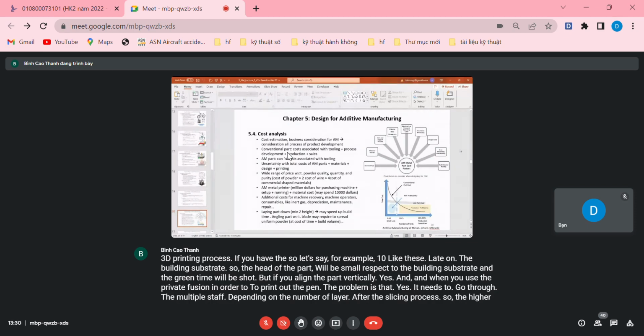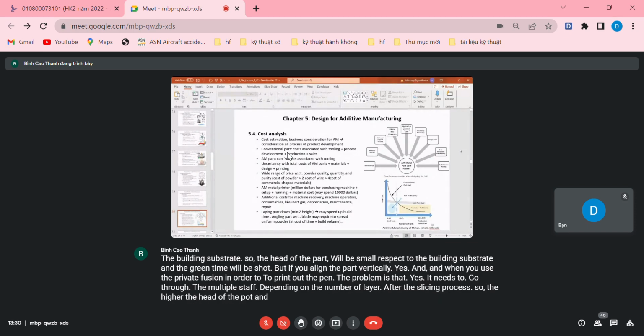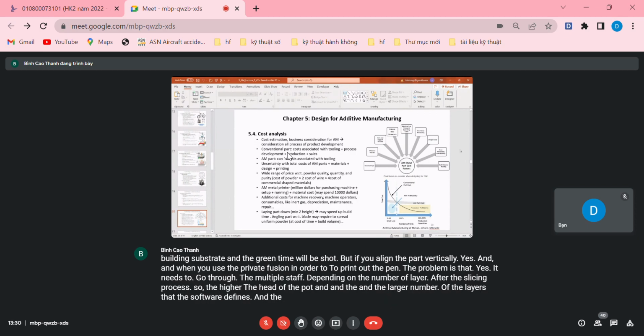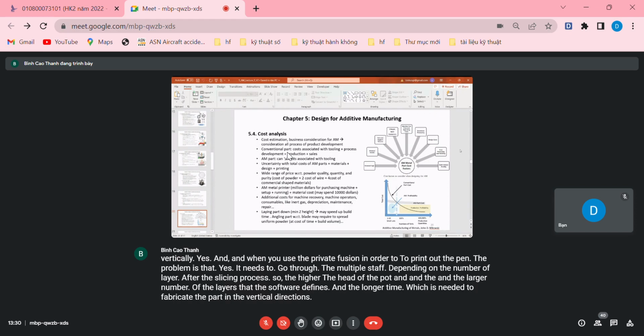So the higher the height of the part, the larger the number of layers that the software defines, and the longer the time needed to fabricate the part in the vertical direction. And therefore, you need to consider this issue.